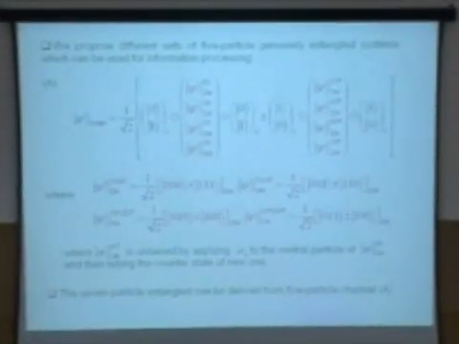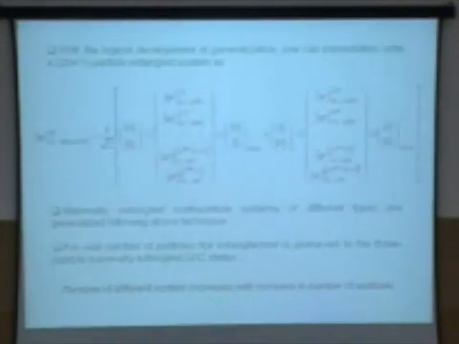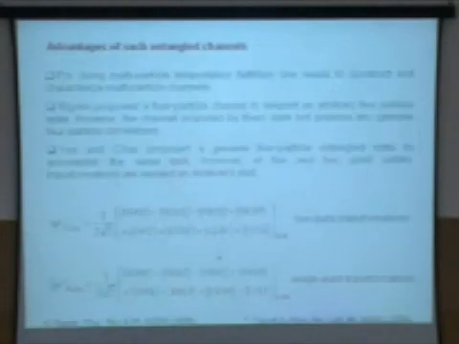This could be used to produce a 7 particle entangled channel and so on, in a way that we could define a 2n plus 1 particle maximally entangled quantum channel in this form. As the number of particles increases, the number of ways that you could form this sort of maximally entangled states also increases. So this simple method gives you a way by which you can define several maximally entangled channels to be used for information processing.